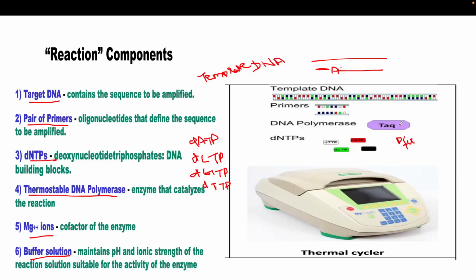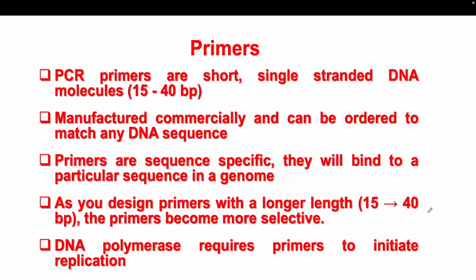Okay, and if you just want to have an idea of whether your result is positive or negative, then you use Taq polymerase. And then you have the dNTPs, these individual dNTPs. Okay, and you mix all these components and keep the PCR reaction.